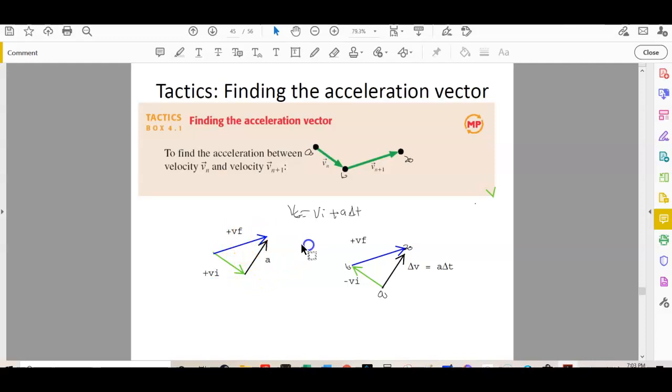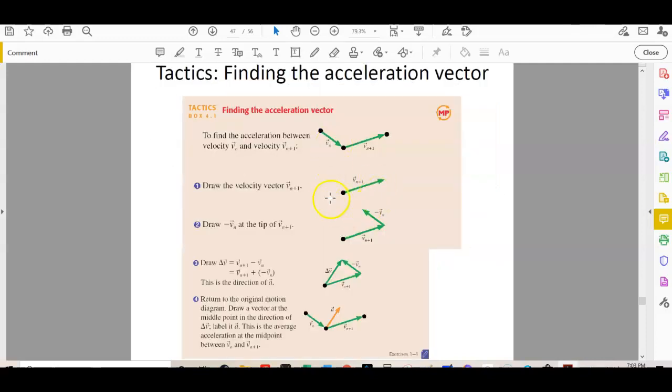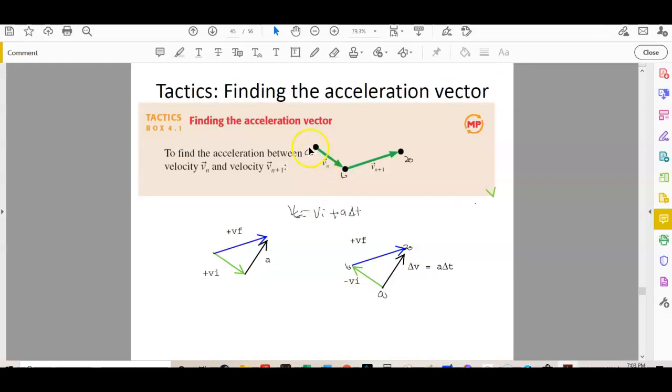There's a couple ways to do this, but I like the process that gets laid out right here in Knight's book. Just take the initial velocity vector, reverse it, and then add that to the final velocity vector. And that'll give you the change in velocity.